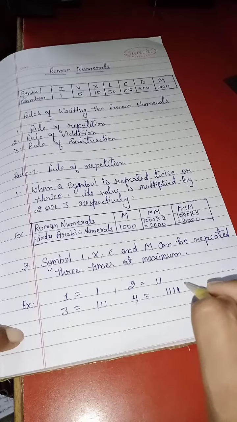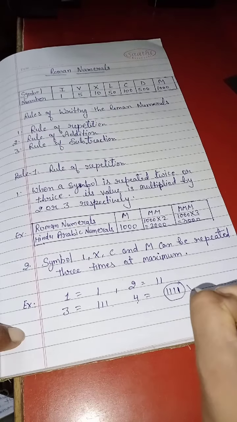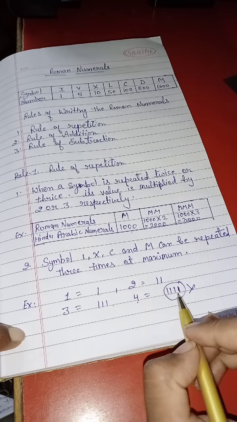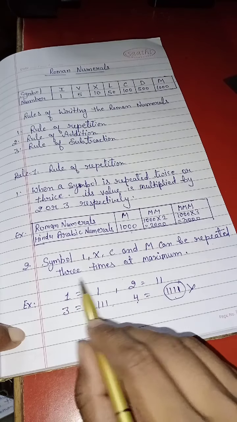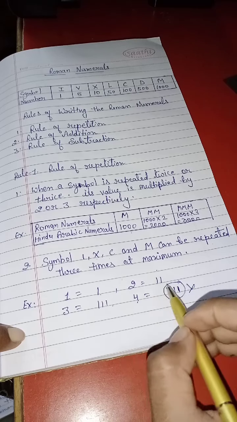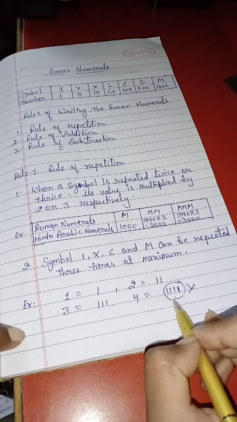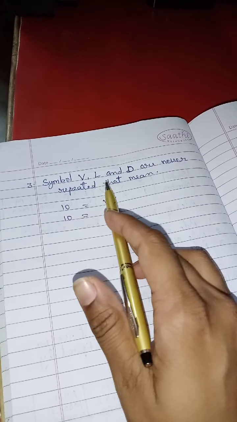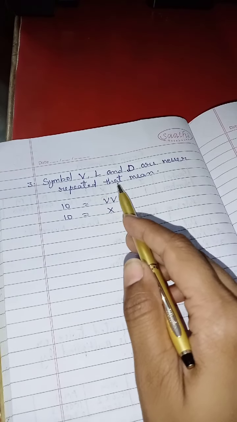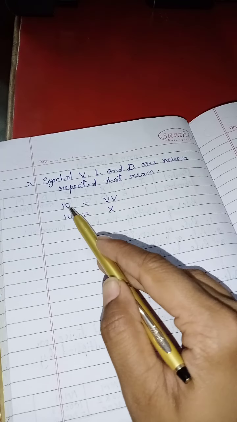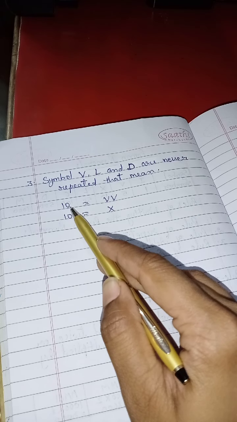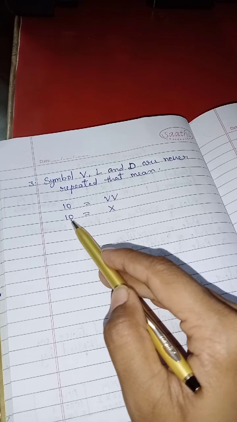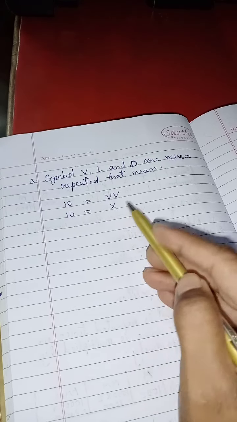But that is wrong, because according to this rule we can repeat a symbol only 3 times at maximum. Third point, symbols V, L and D are never repeated. That means we cannot write 10 as VV, but we can write 10 as X.